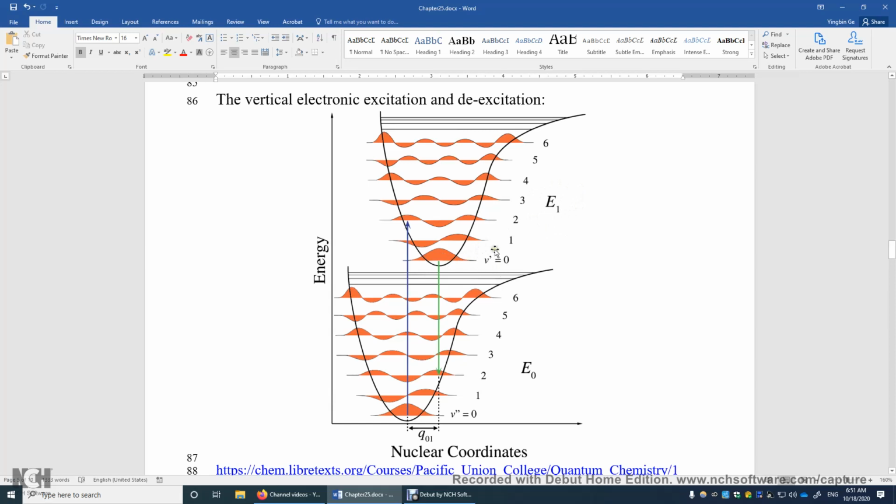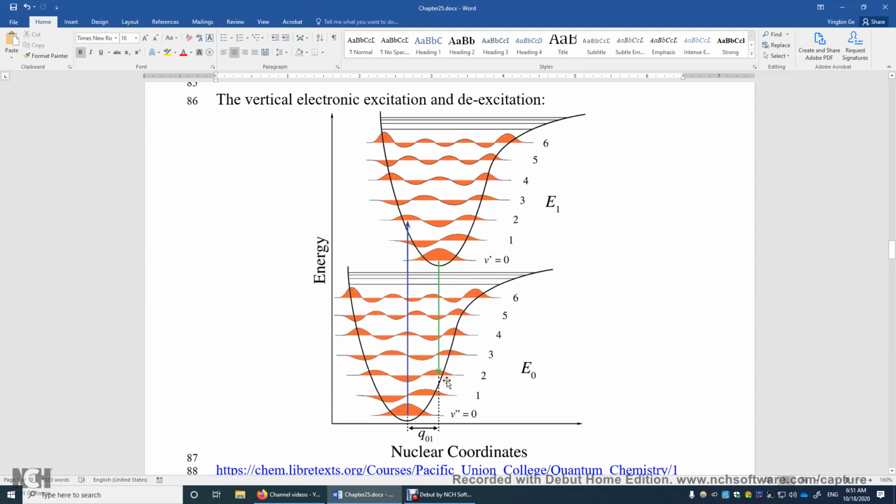All right, but then if you look at this number, this is the vibrational quantum number. So during the de-excitation from here to here, a photon can be emitted, but then this molecule will not get back to the equilibrium bond distance in the ground electronic state. Why is that? The de-excitation is also vertical.